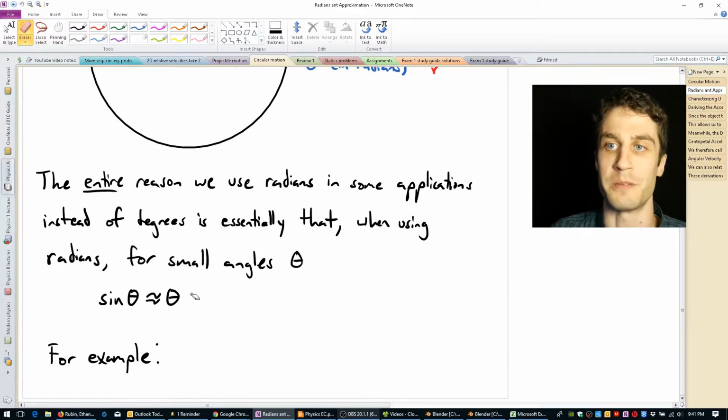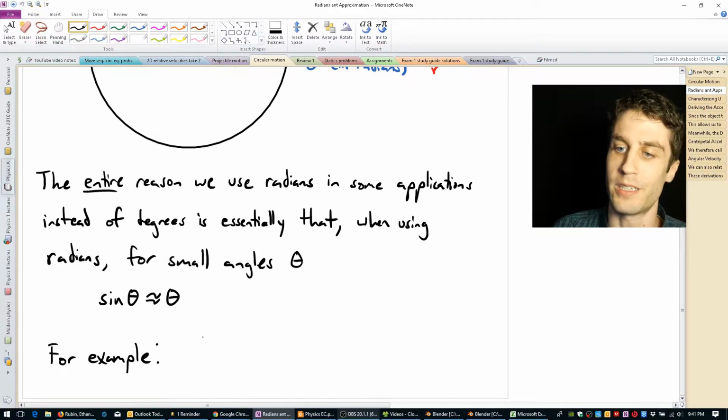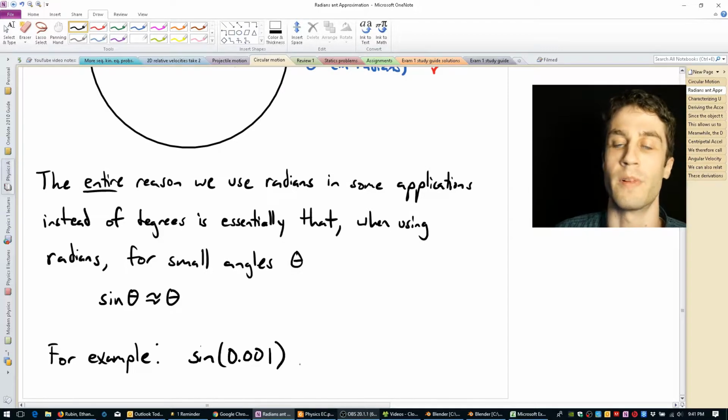So for example, I'm going to calculate the sine of 0.001 radians. I know I ask you to pause the video a lot and to work on problems yourself, but this time I really, really want you to do it. So pause the video, get out your calculator, make sure it's in radian mode, okay?